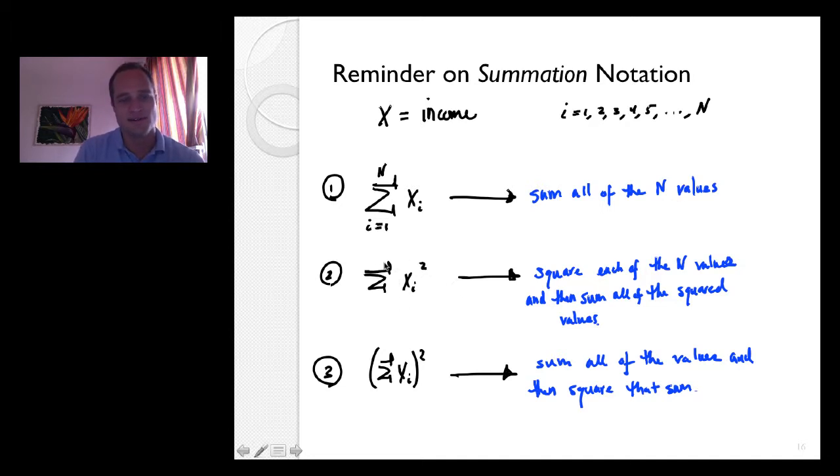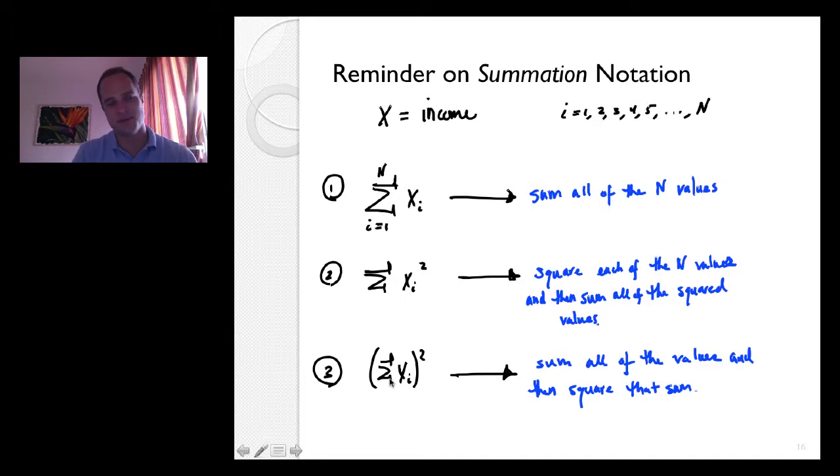In this one, you'll notice that I've taken away the superscript and the subscript because that's often how you see it. It's implicit that I'm going to be summing from 1 to N over everybody. But first I'm squaring these terms, X squared. So I'm taking the income of me and squaring it, the income of you and squaring it, and then summing all those squared terms.